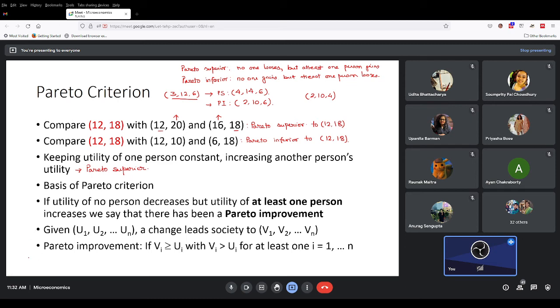When can we say that V is Pareto inferior to U? Can you write out this condition?